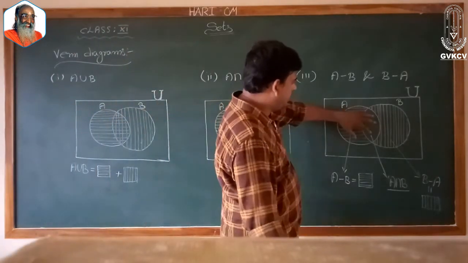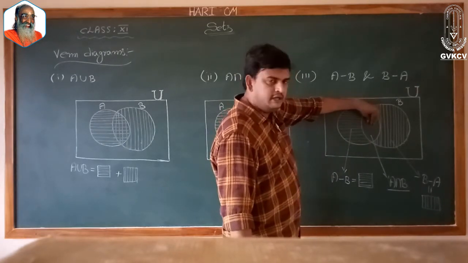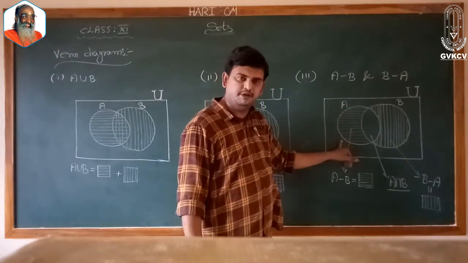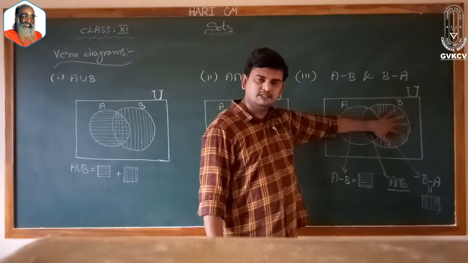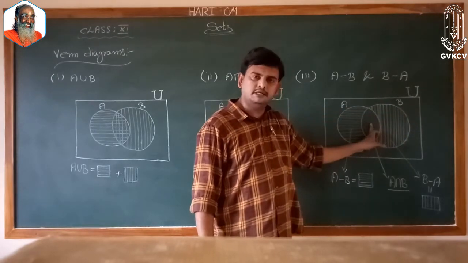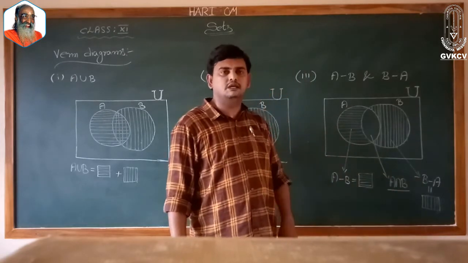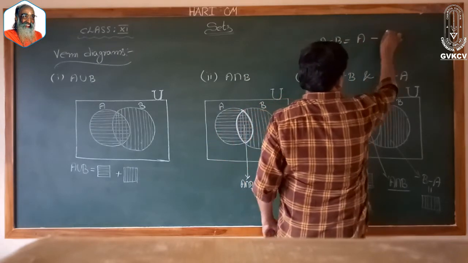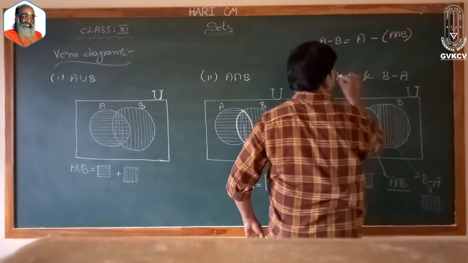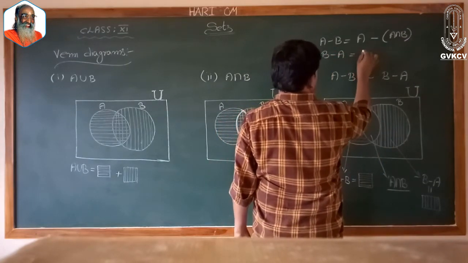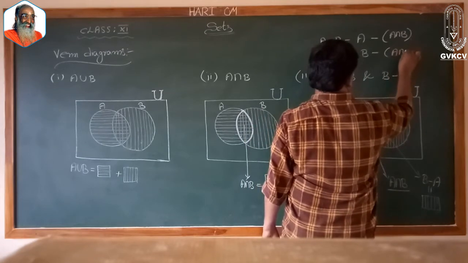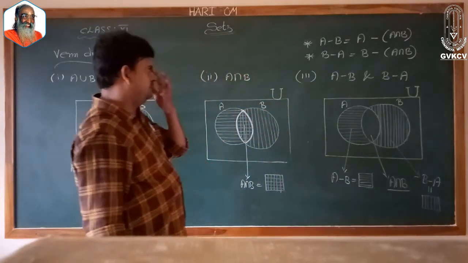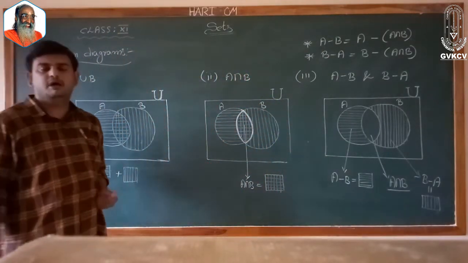So from the entire set A, if you eliminate the intersection part, what we are getting is A minus B. From the set B, when we eliminate the intersection part, we are getting B minus A. So the formula for A minus B from the Venn diagram is A minus A intersection B. Similarly, B minus A is B minus A intersection B. So these are two more formulae we can define for A minus B as well as B minus A.